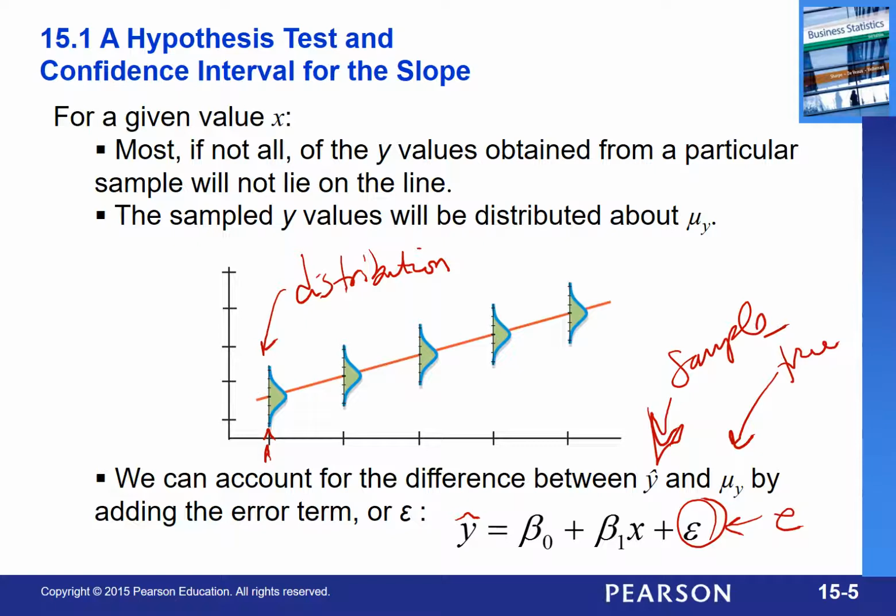As you look at this, we would think about the sample y's having some distribution around the mean of y, but it's not necessarily going to be exact because we're estimating here. We're using a sample to predict the population. We're inferencing. So what we want to do is look at the difference between our sample y-hat and the true y, the population one.